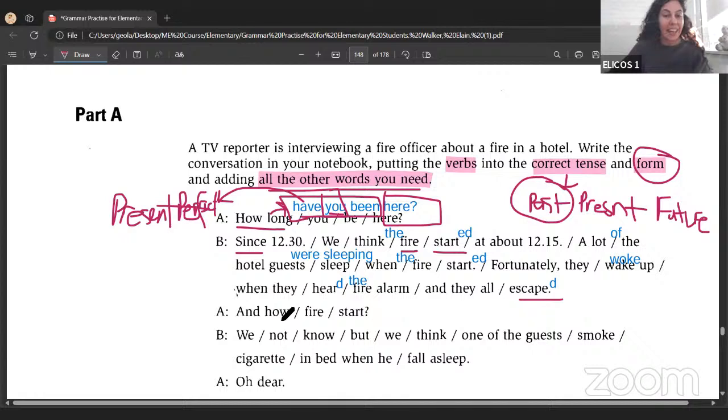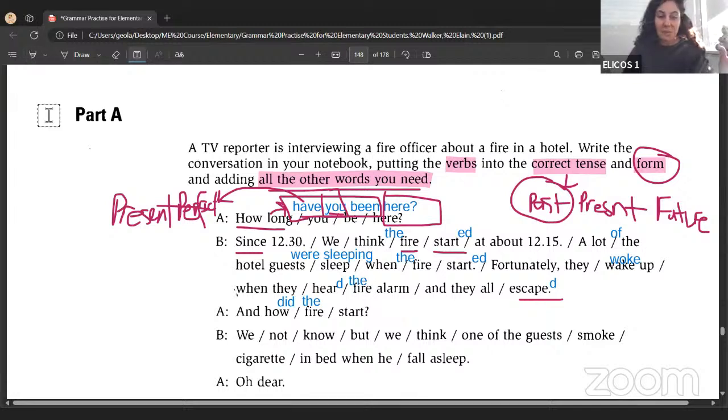We have a question. And how? Was? No, was is more like when. No. And how? Think of a past simple question. How did? And how did the fire start. And we know we can never just add a noun by itself. We need an article. And how did the fire start?